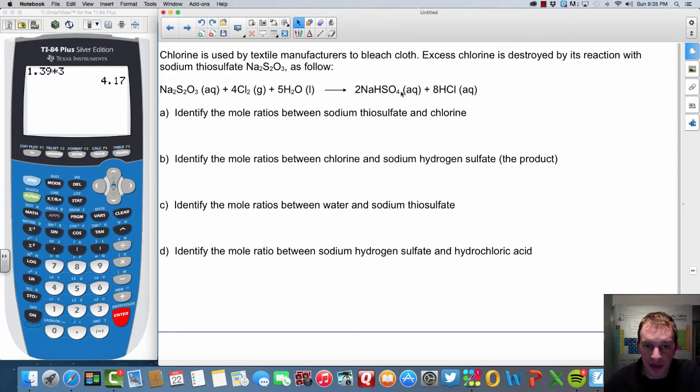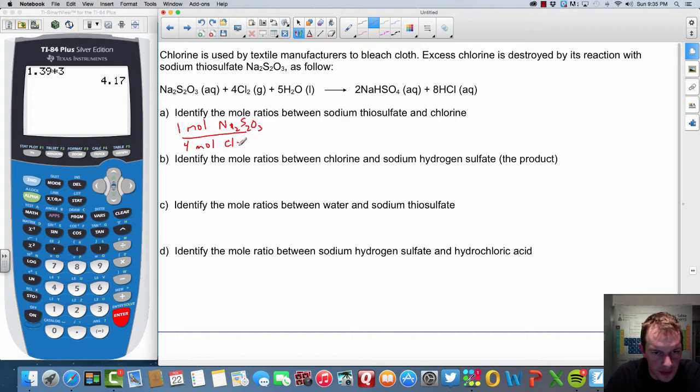We want to identify what are the mole ratios that exist between sodium thiosulfate and chlorine. So if we look at this reaction, we can see that the sodium thiosulfate there and the chlorine is right there. So what that means is that for every 1 mole of Na2S2O3, we're going to have 4 moles of Cl2.